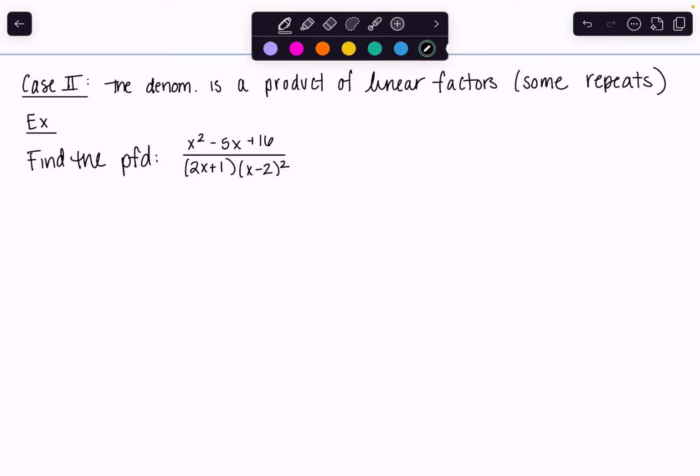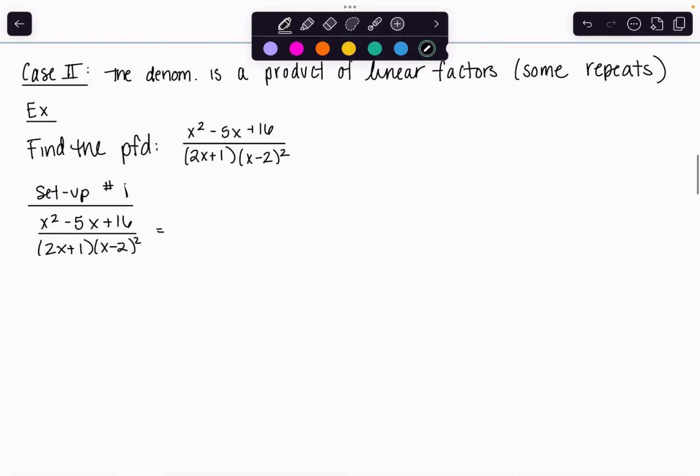Now, technically, you have two different ways that you can set it up, but one of them is definitely much more preferred than the other, and it's the one that we're going to utilize. But just to show you that this does work, I'm going to show you my first setup. So it follows the same approach. We have x squared minus 5x plus 16 over 2x plus 1 times x minus 2 squared.